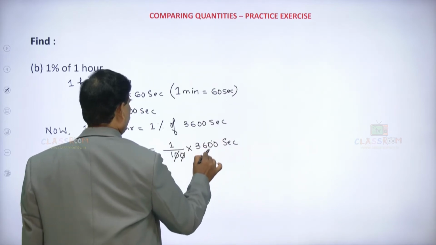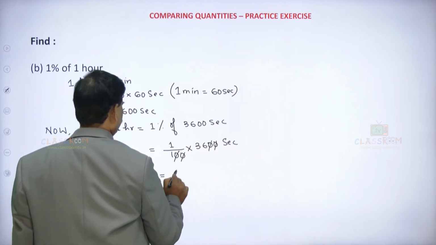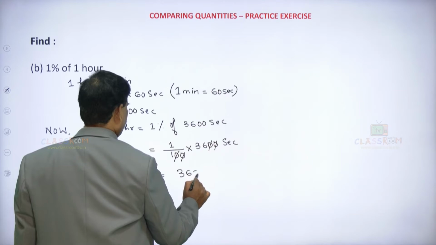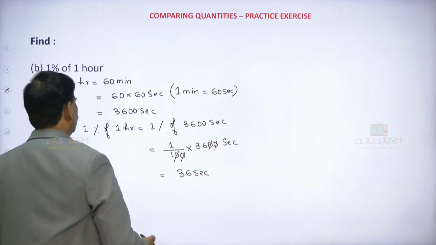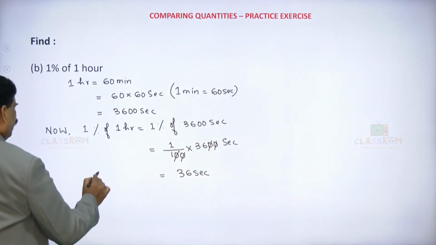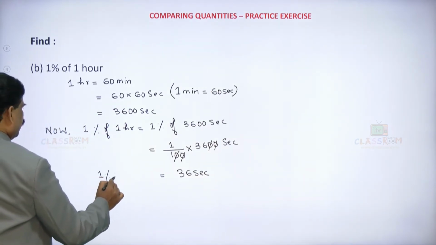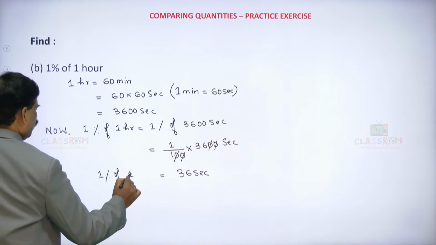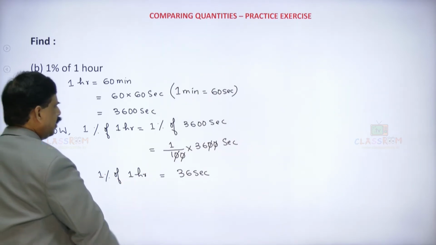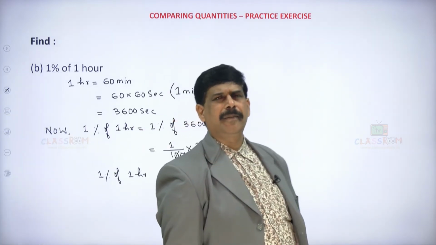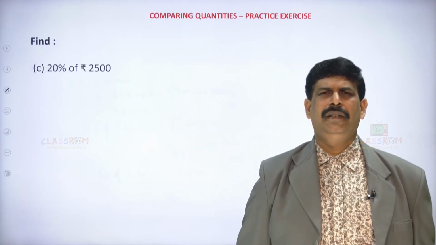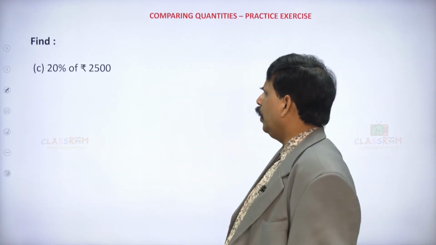So 0 0 get cancelled. So that is 36 seconds. So 1% of 1 hour is 36 seconds. Clear? See the next one now.